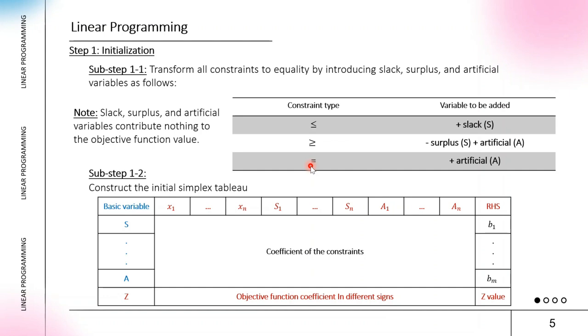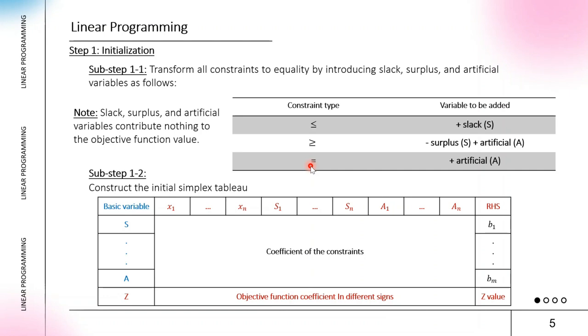In substep 1.2, we construct the initial simplex table. After adding these variables, we set up the initial table. Columns correspond to the original decision-making variables, slack variables, artificial variables, and also rows correspond to each constraint and the objective function.